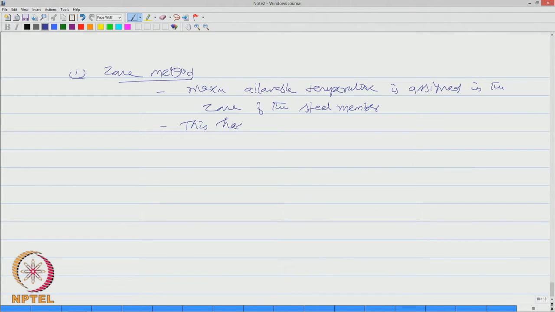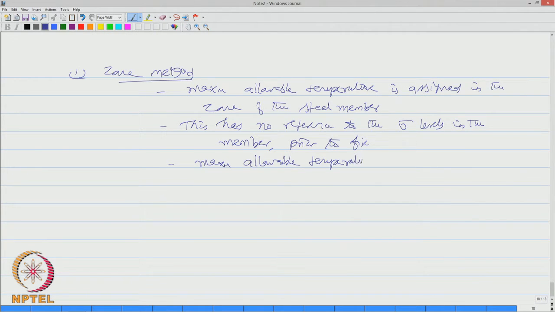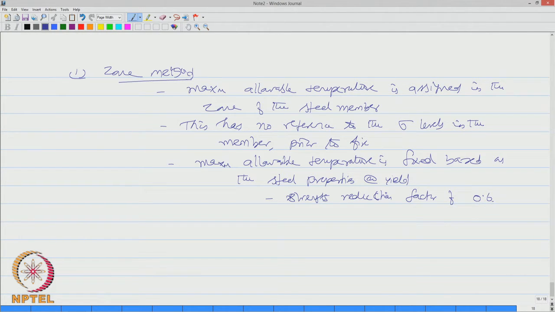This has no reference to the stress levels in the member prior to fire, so the maximum allowable temperature is fixed based on the steel properties at yield with a strength reduction factor of 0.6.